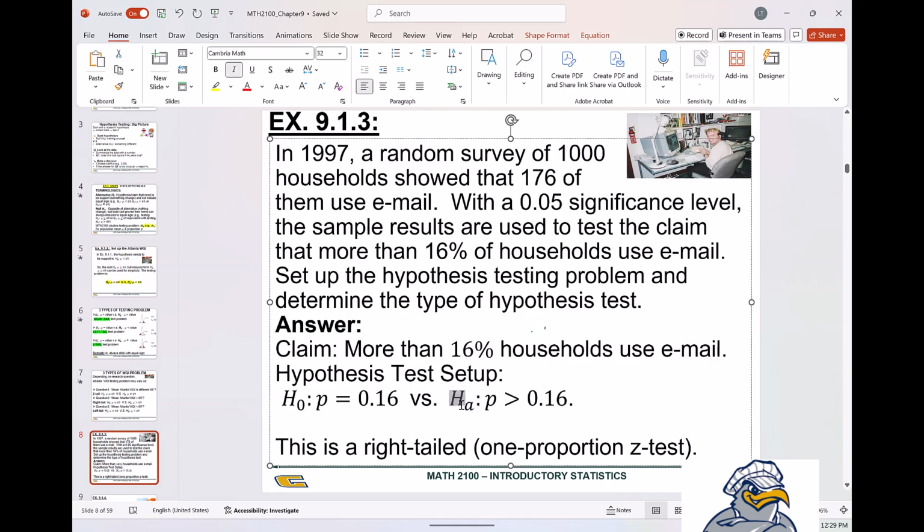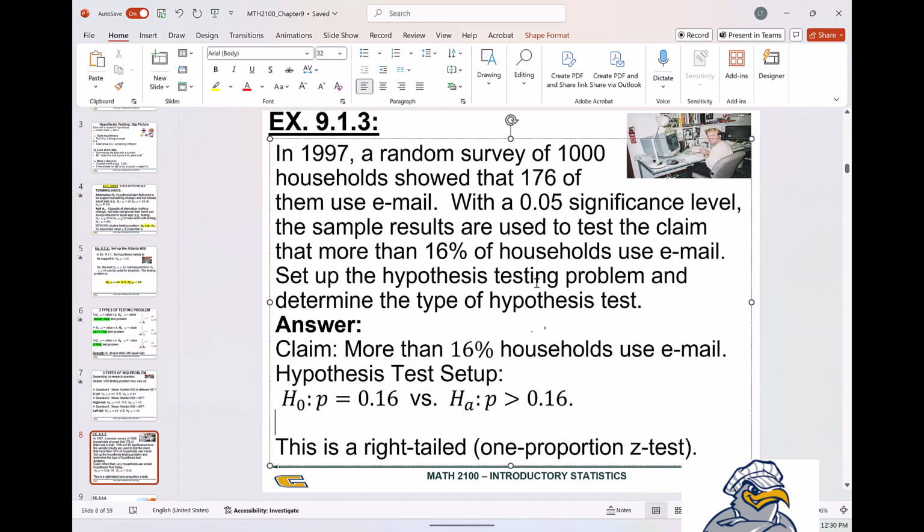So this is the alternative, the thing you want to support: the proportion of people who use email is greater than 16%, which is P greater than 0.16. When you have the alternative, your H naught is easy: just use the equal sign. Instead of greater, now it becomes equal to 0.16. And again, the underlying truth here is the opposite, which is P less than or equal to 0.16, where we can write it in reduced form.